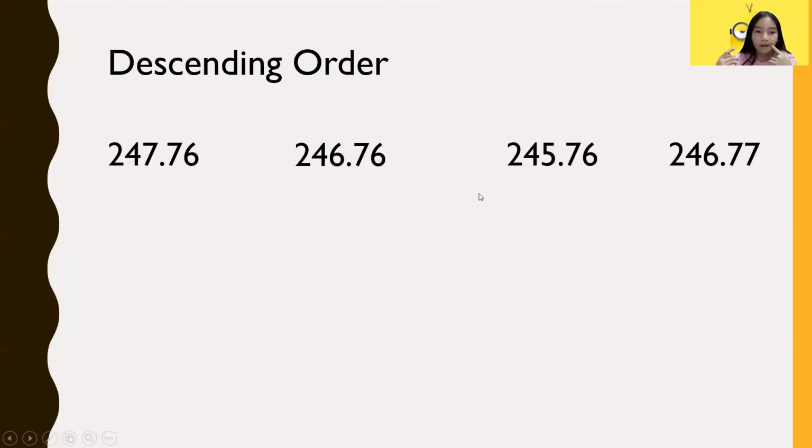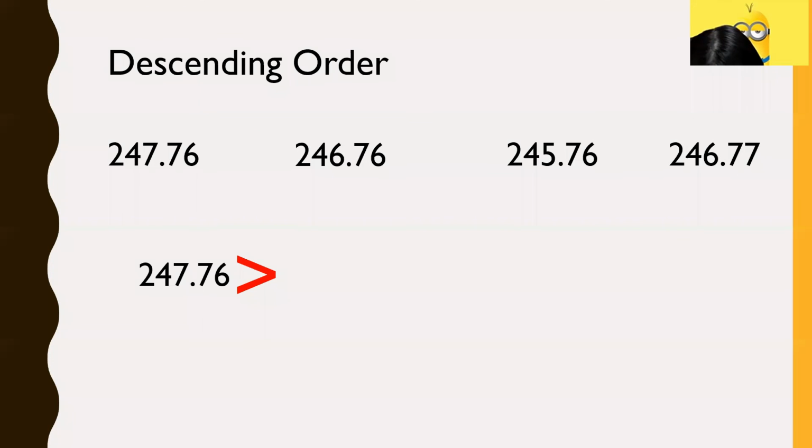Descending order. What is descending order again? Going up or down? Down. Okay, very good. Going down. So our first number will be 247.7. Next, 246.76.